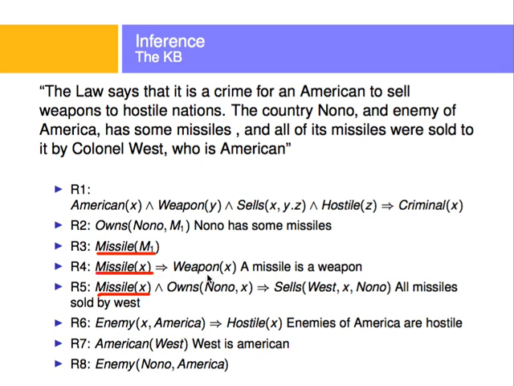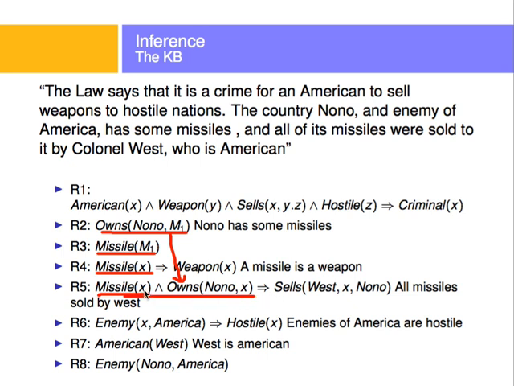So then we'll end up with weapon M1, and also we know that Nono owns a missile, right? Nono owns M1, so we'll also unify this. There's a substitution that gets owns and missile, substituting both of these such that these two rules are satisfied.